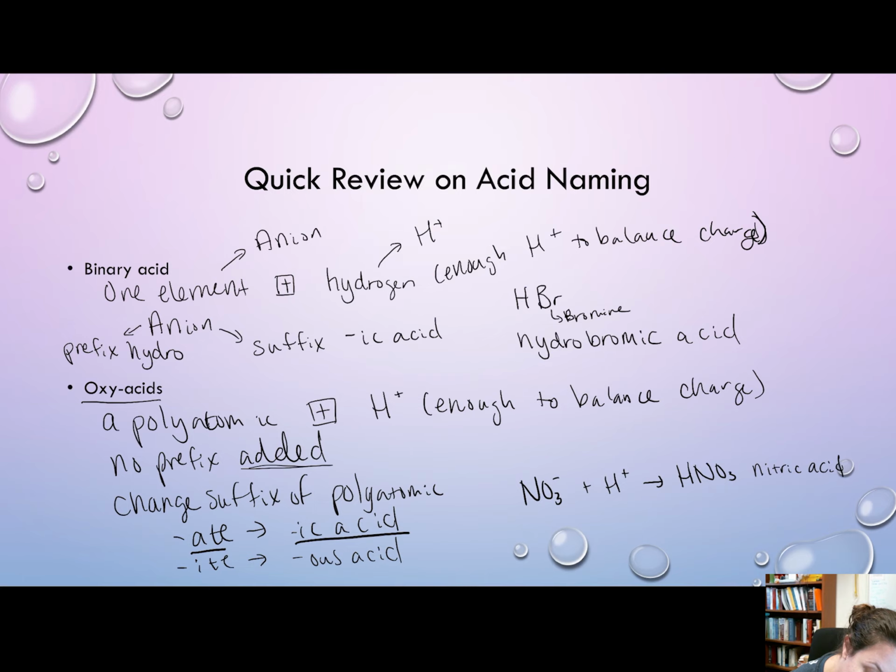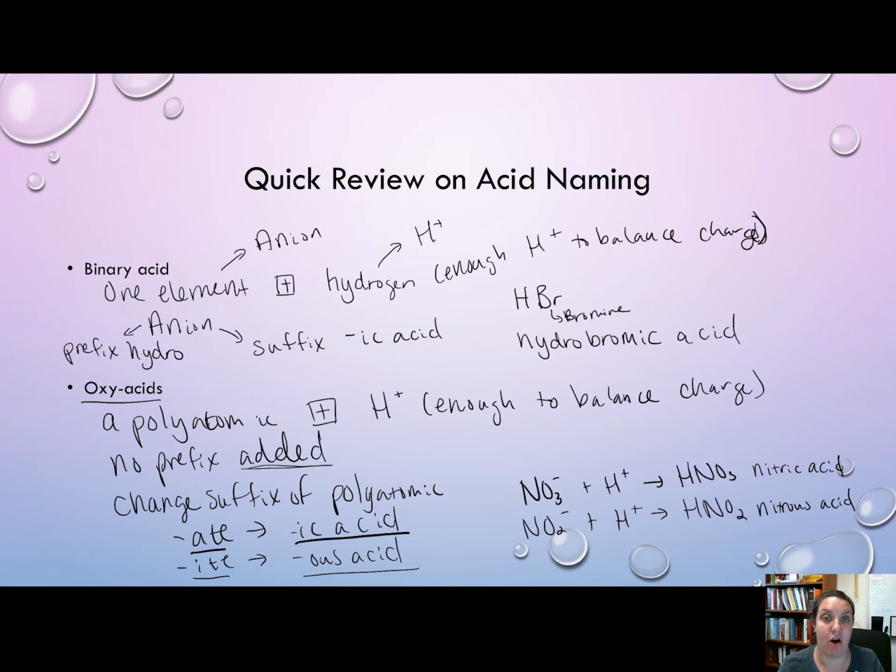Then we could look at NO2 minus as well. Add a proton in there, we get HNO2. That has an ITE ending, nitrite. It's going to go to "us" acid, so nitrous acid. Okay. So, just a super quick review of naming.